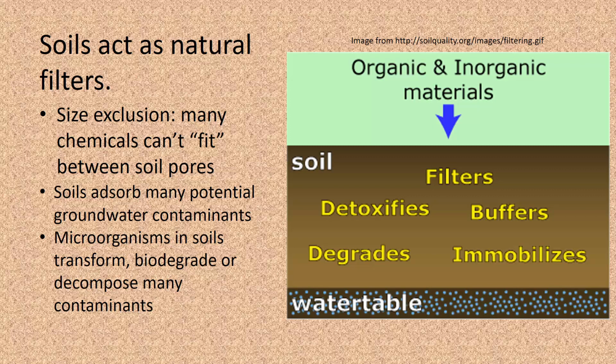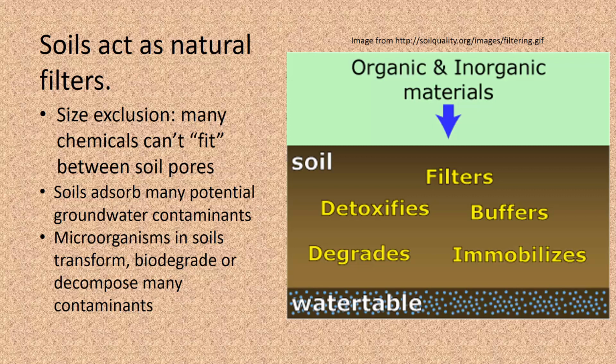Finally, there's microorganisms that live in the soils, and they live in those soil pores and stuck onto the sides of soil particles. And as chemical contaminants go past them, they extract them from the water that's percolating through, and they can transform those chemicals into different chemicals.